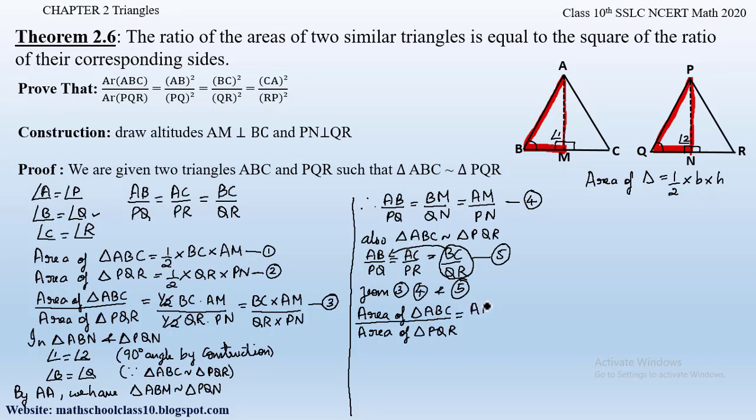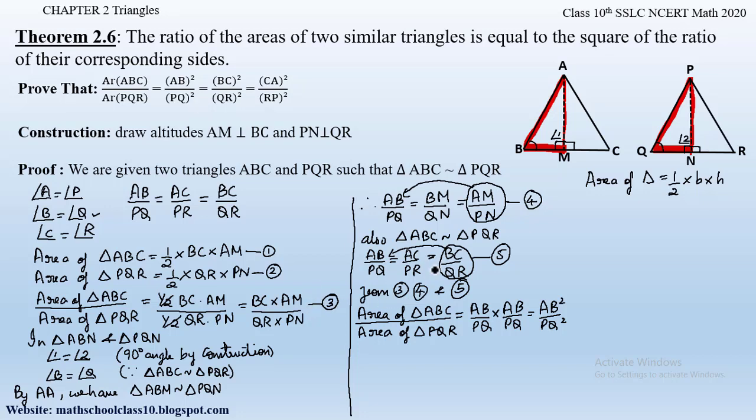Okay, write AB by PQ. Similarly, the value of AM by PN, from equation 4, we are substituting as AB by PQ again. So into AB by PQ. So what did we get here? Equal to AB square divided by PQ square, right? So this is what we had to get here. It is area of ABC by area of PQR is equal to AB square by PQ square.